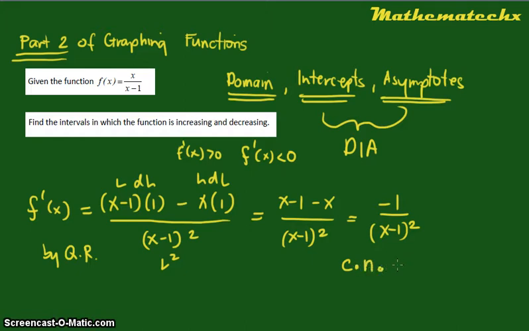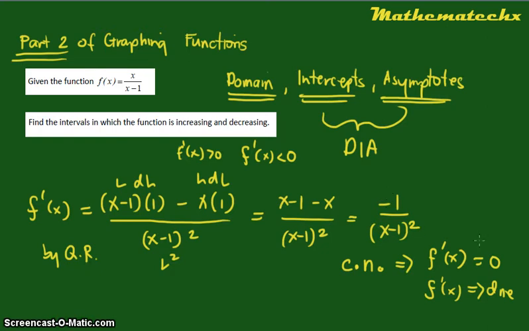The critical number will happen at the value of x in which the derivative is equal to 0 or the derivative is undefined, does not exist. Now, if you look at the first derivative function, there is no way that this will become 0, because the only way that a fraction can become 0 is when the numerator is equal to 0.